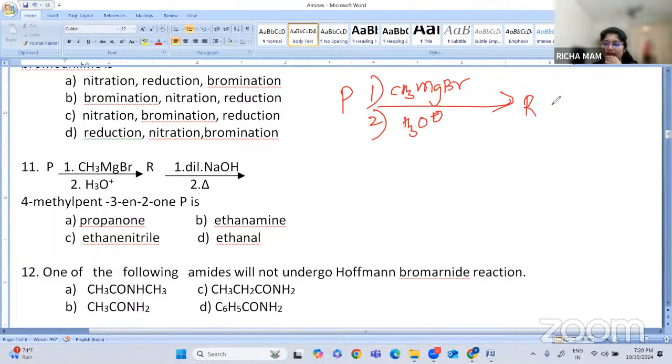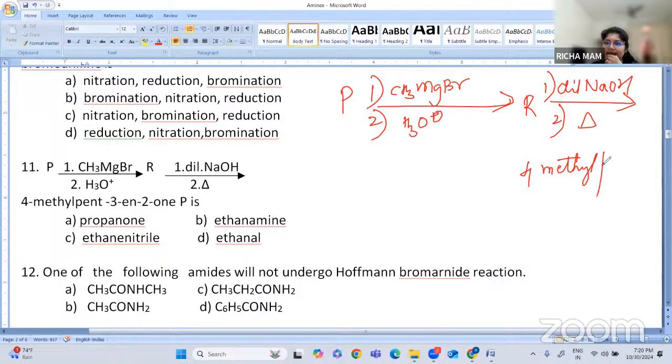You are going to get R. Then you are reacting this with dilute NaOH, and then the second step is heat. So what is P? And you are going to get 4-methylpent-3-en-2-one.